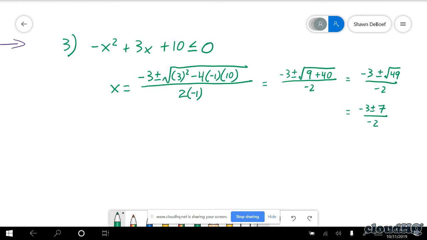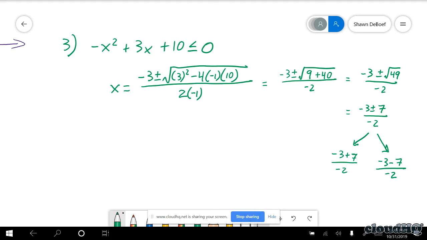Consider both answers. I meant to say -3 plus 7 all over negative 2, and negative 3 minus 7 all over negative 2.